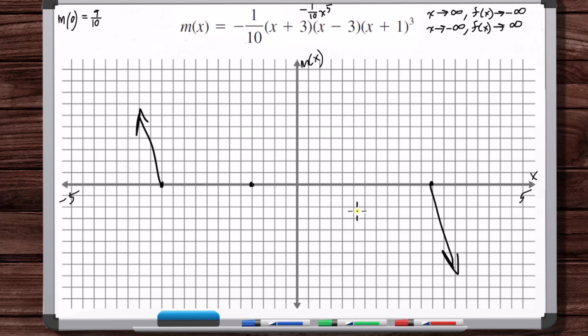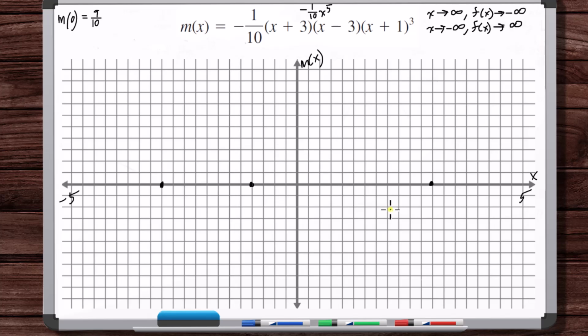All of the intercepts are crossing intercepts, so it's going to look something like that. That's going to be the general shape. The y-intercept is going to be 9/10, the crossover point up here.